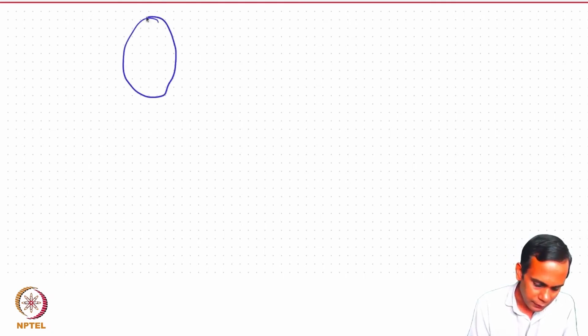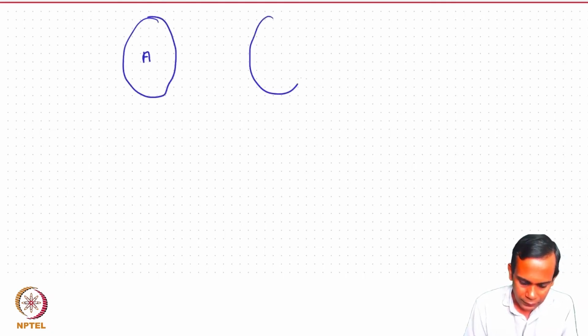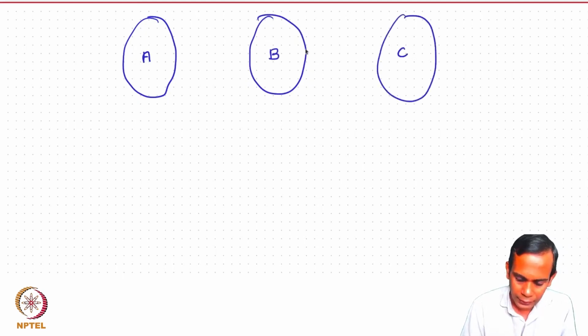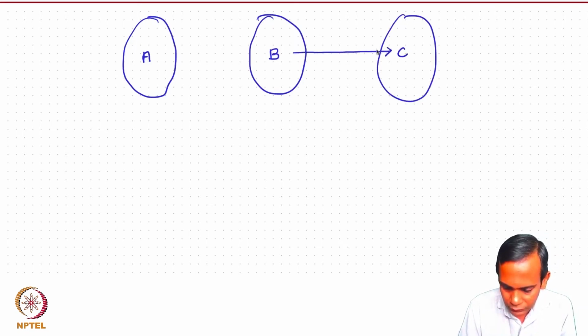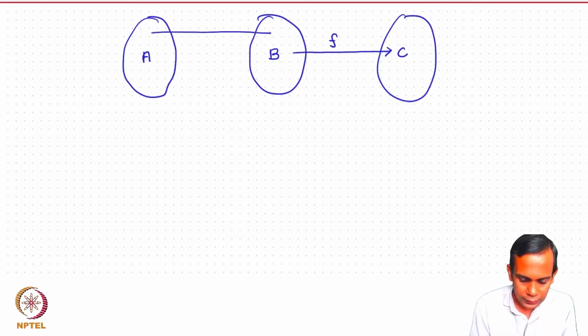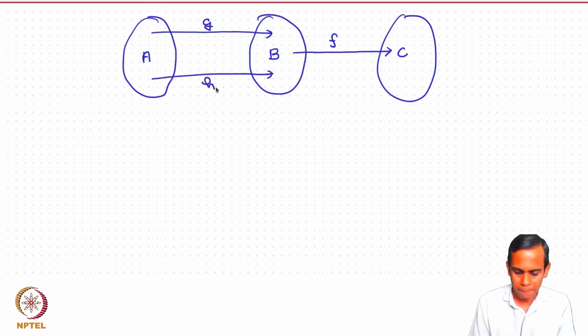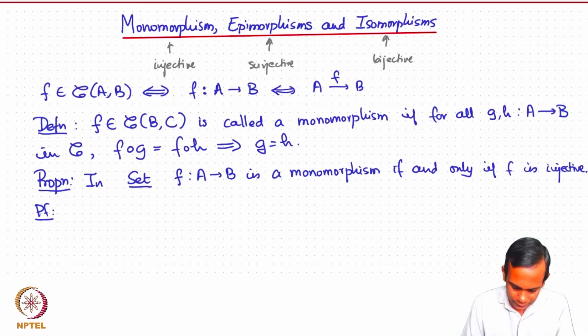We have a set A, a set B, and a set C, and we have this morphism, or a function, f from B to C. And we have two functions, g and h from A to B. We need to show that if f circle g is equal to f circle h for all g and h, then f is injective.